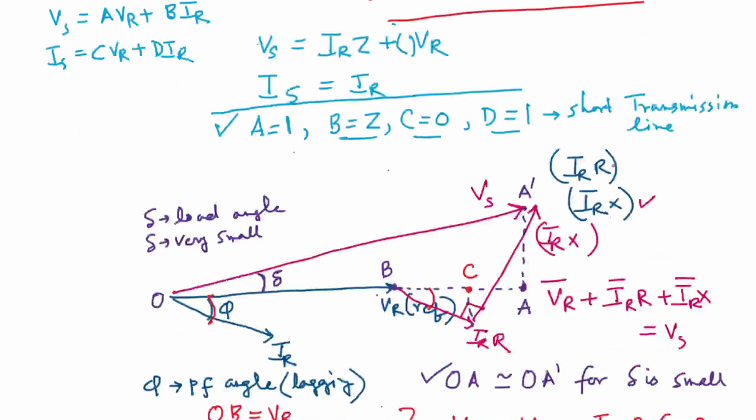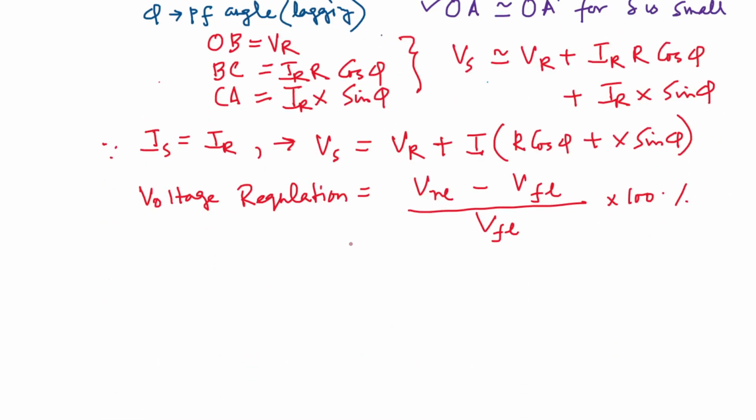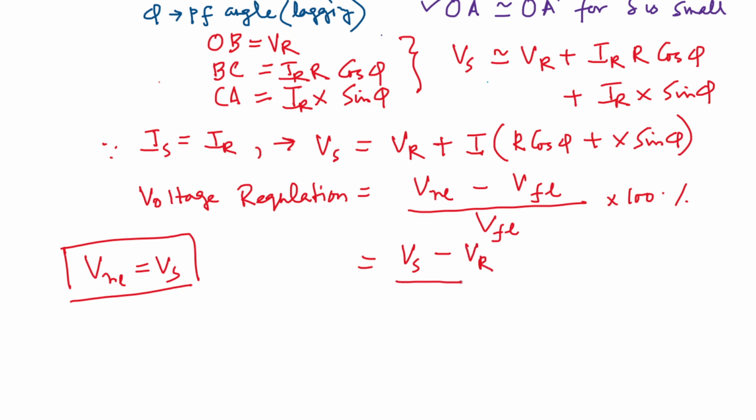So the no load voltage for a short transmission line is basically Vs, and the full load voltage is Vr. So it is Vs minus Vr by Vr into 100%. And that is the formula of regulation for a short transmission line.